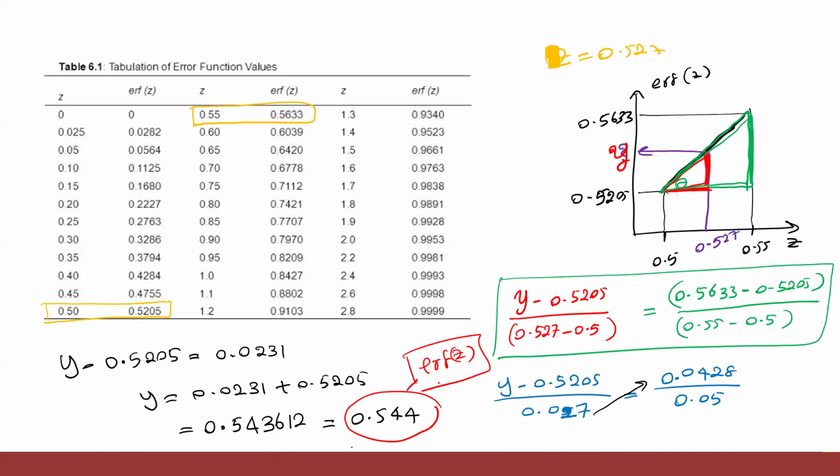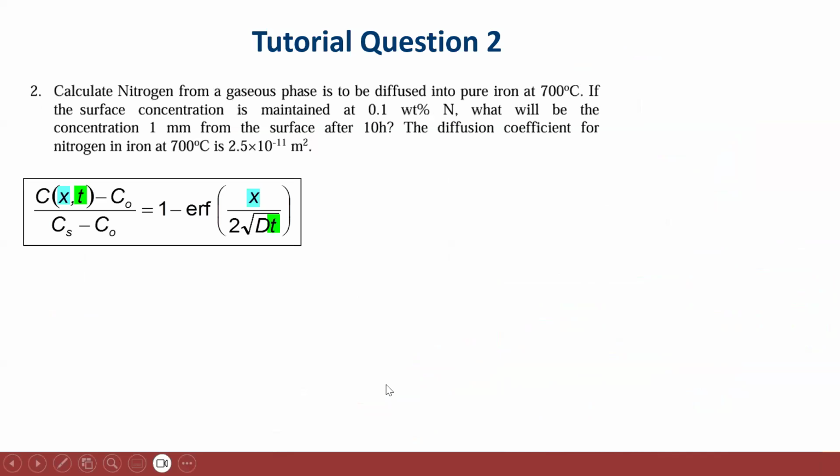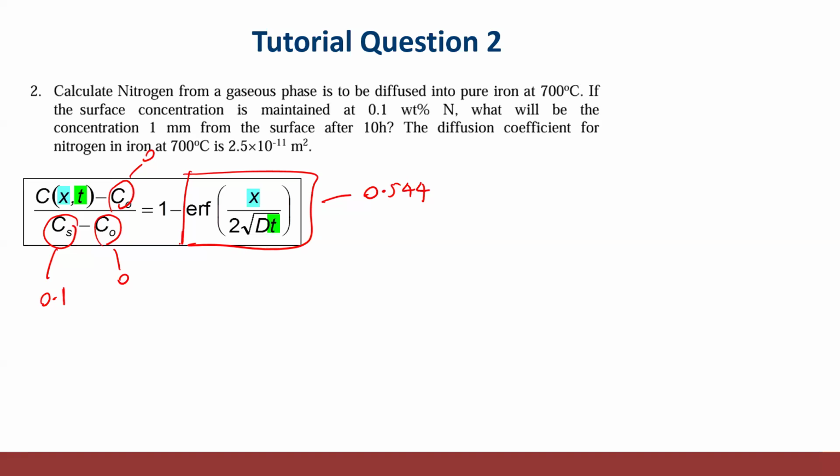Okay, now we know the error function. And now we can put the error function here. So this is the part we found, which is equal to 0.544. So we know CS, which is equal to 0.1, and this is 0, this is 0. So you can now find CXT.